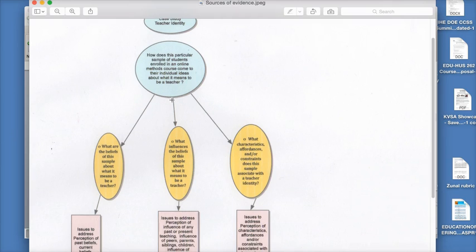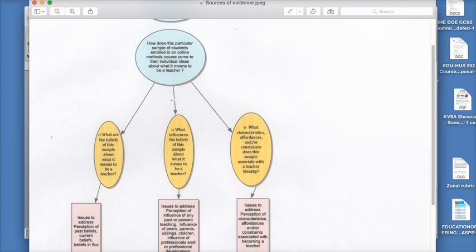So I revised my sub-questions too, because I decided there were really three things I wanted to know. I wanted to know what their beliefs were, but I also wanted to know what influenced those beliefs, and I also wanted to know what they thought about what was good and bad about a teacher identity. So I crafted three questions. What are the beliefs of this sample about what it means to be a teacher? Okay, so their beliefs.